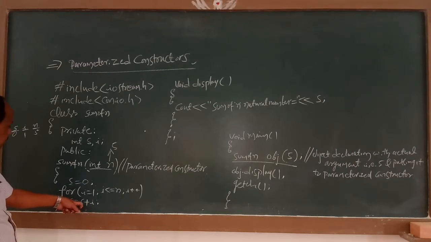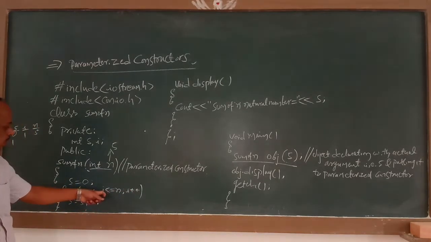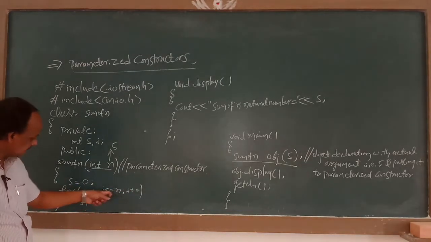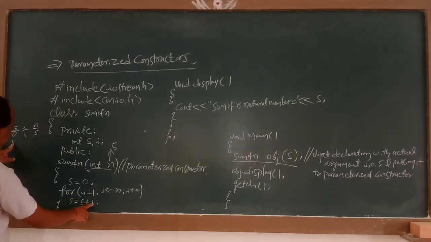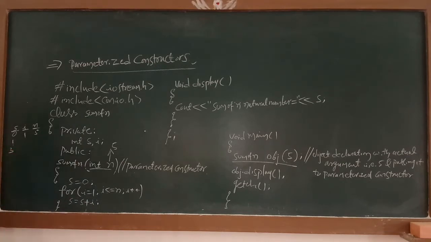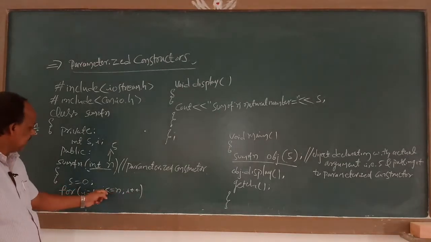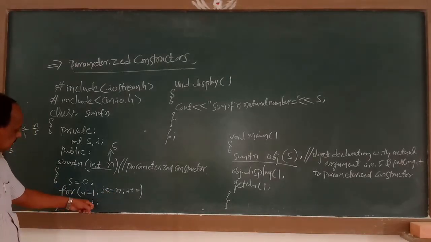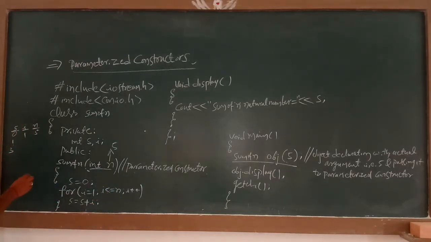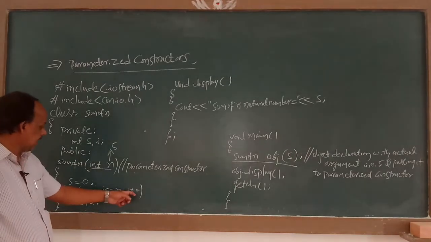Previously s is 0, 0 plus 1, s becomes 1. Next i plus plus, i becomes 2, 2 less than or equal to 5. Yes, s is equal to s plus 2. Previously s is 1, i is 2, it becomes 3. Next i becomes 3. 3 less than or equal to 5. Yes, s is equal to s plus i, that is 3 plus 3. s becomes 6. Next i becomes 4.